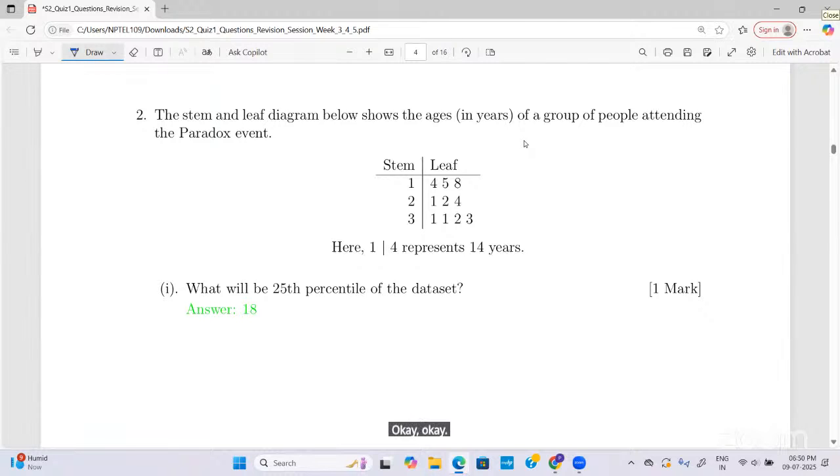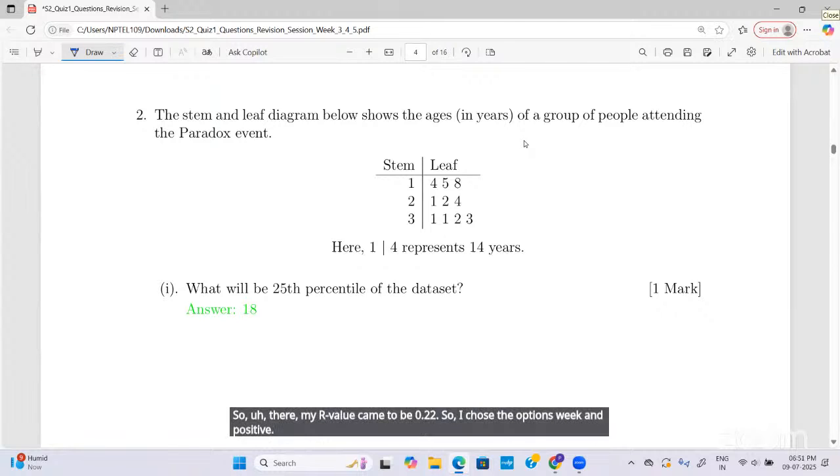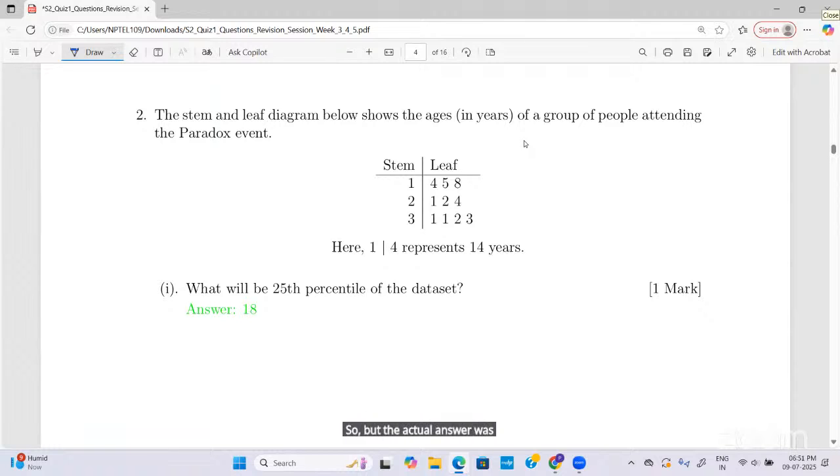Ma'am, I solved a weekly graded assignment question where my R value came to be 0.22. So I chose the option weak and positive, but the actual answer was that there is no linear relationship. How can I check that?